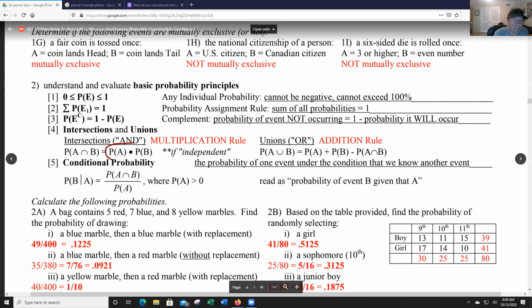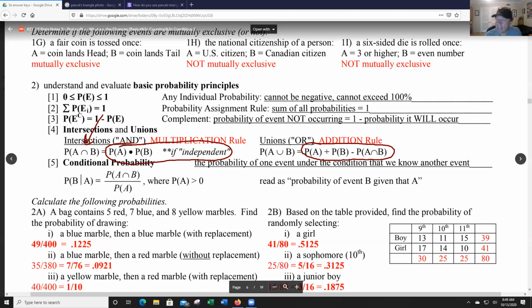And once again, I'm reviewing intersections and unions. Remember, if they're independent, A times B will give you the product, the probability of them both happening at the same time, which is called the intersection, which is this symbol. When you're adding things, one or the other happening, you have to add the probability of A plus the probability of B minus the intersection. You don't want to double count things.